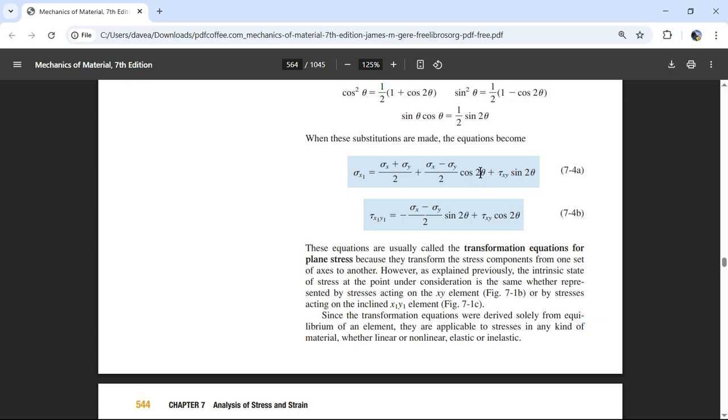If I go 90 times 2, that's 180. So that's going to be a triangle this way, and that means the cosine component is in the negative x direction. So if I go theta plus 90, this term will become negative.